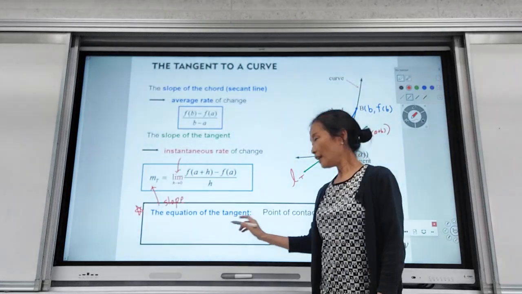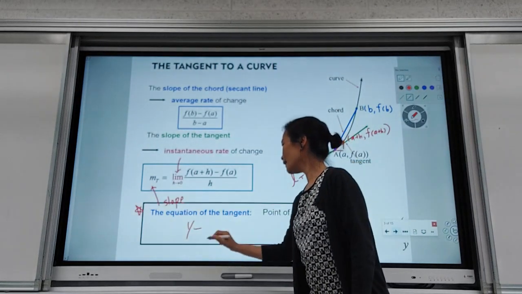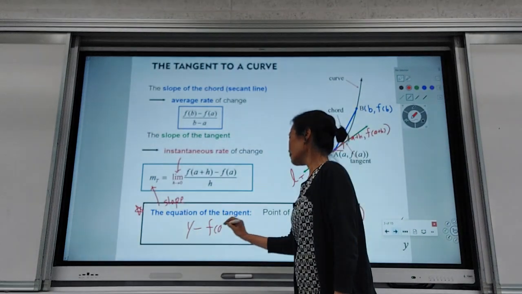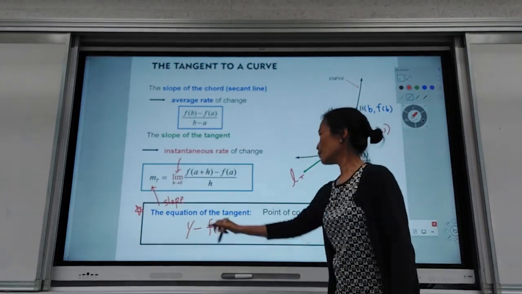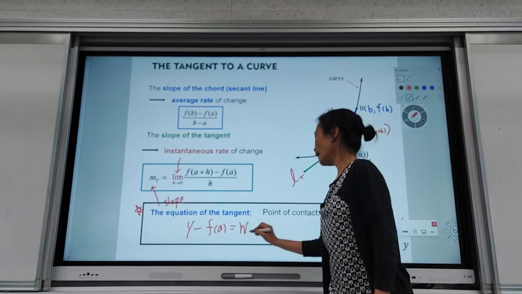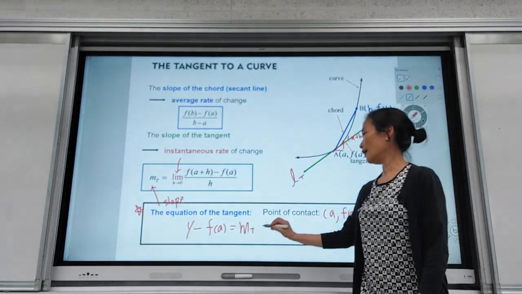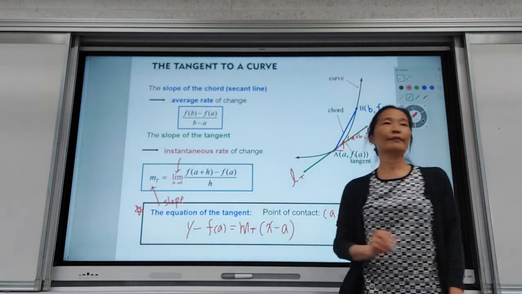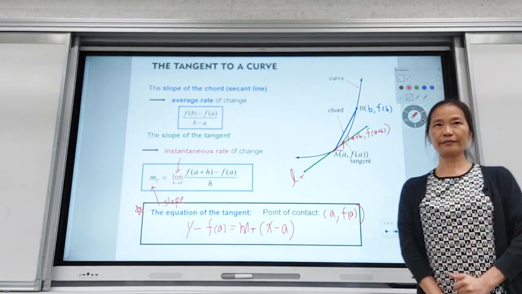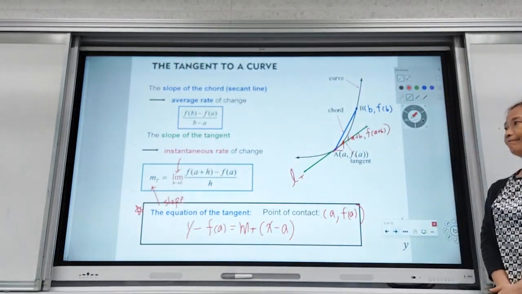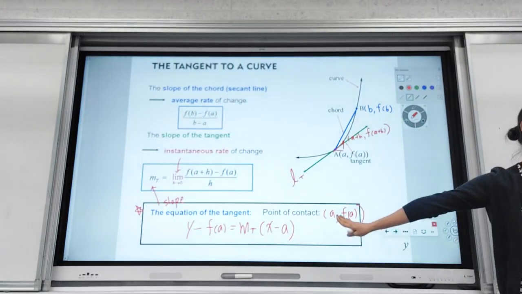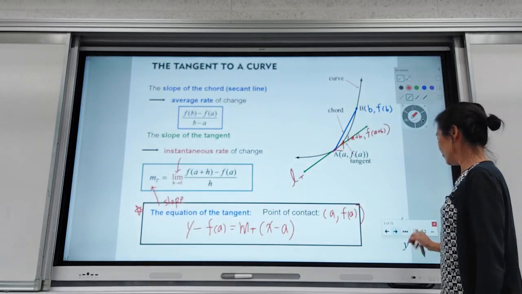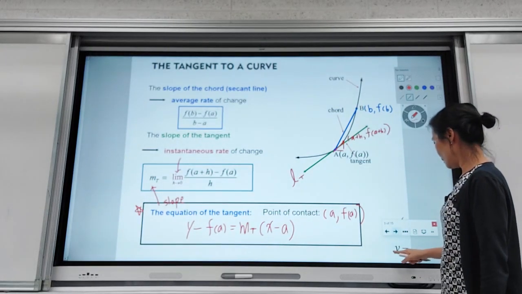Equation of tangent line is y minus f of a, the y value, is equal to slope of tangent here, after you find that, substitute that in, times x minus a. Done. Is the concept okay? Okay, let's move on.